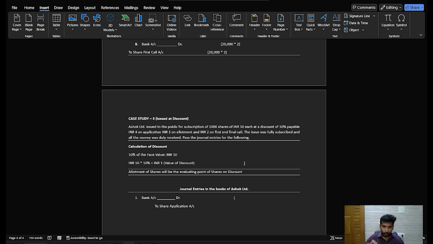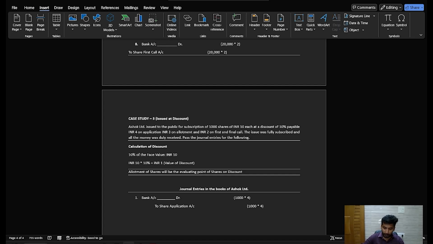That means how many shares are there? 1000 shares are there. So 1000 multiplied by rupees 4 on application, and the same amount will be credited to share application, that is 1000 multiplied by 4.